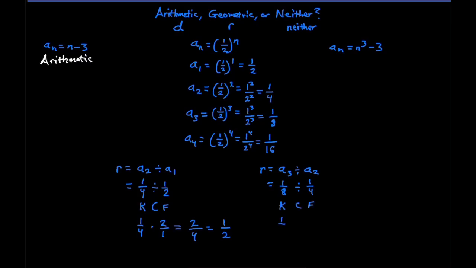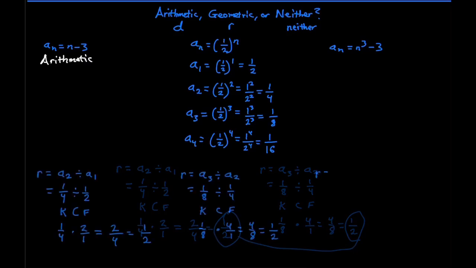So you keep the first one the same, change the sign to multiplication and flip the second fraction. Then you multiply straight across, 1 times 4 and 8 times 1. So this will be 4/8. This is 1/2. Or if you want, you can say that both of these numbers can be divided by 4. 4 divided by 4 is 1. 8 divided by 4 is 2. So far we have the exact same ratio.